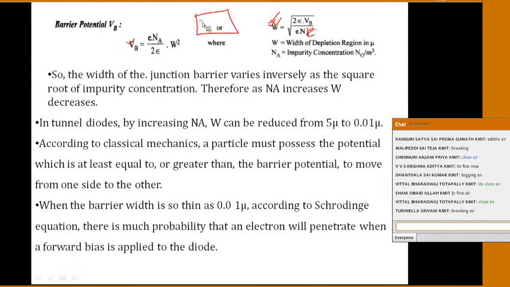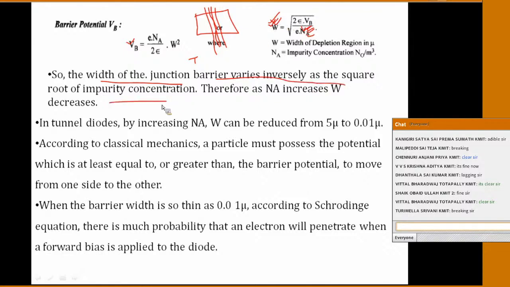Now take a simple PN junction diode. I am assuming this is the width of the depletion region. For the tunnel diode, due to the heavy concentration of doping, this is almost a very thin layer. The width of the junction, or depletion region, varies inversely as the square root of impurity concentration.